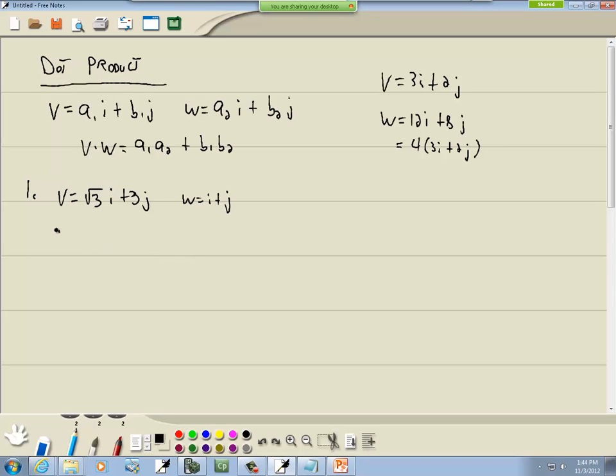It's part A. Well, a dot product is very easy. You take the number before your i's and multiply them together. So square root of 3 times the 1. And you multiply your numbers in front of your j's together. So we've got 3 times 1. So that gives us square root of 3 plus 3. And that's our dot product.